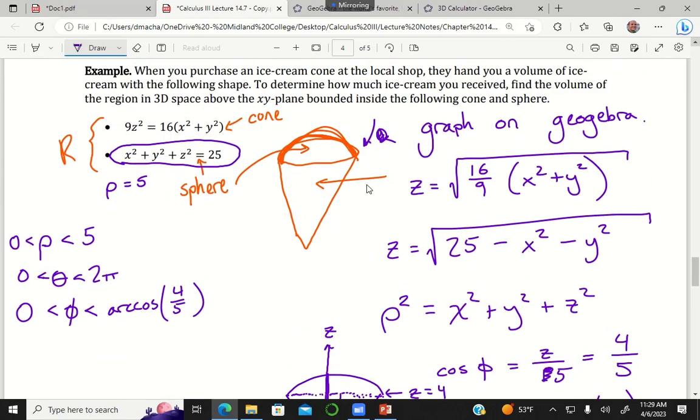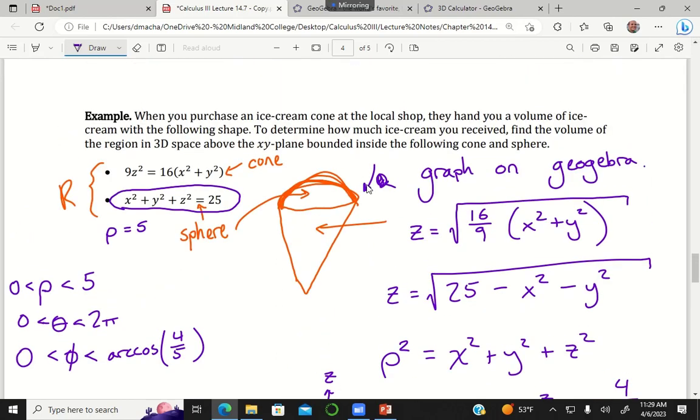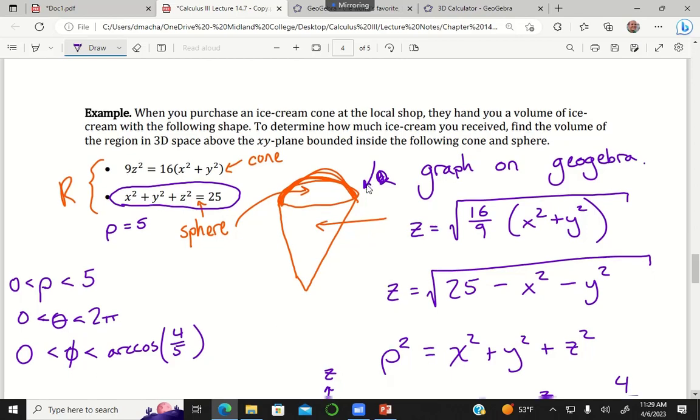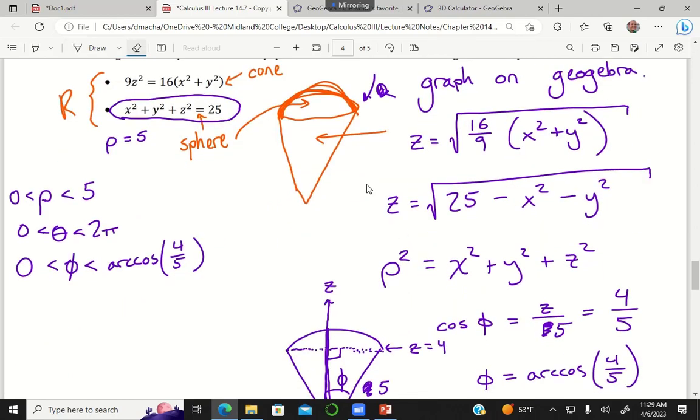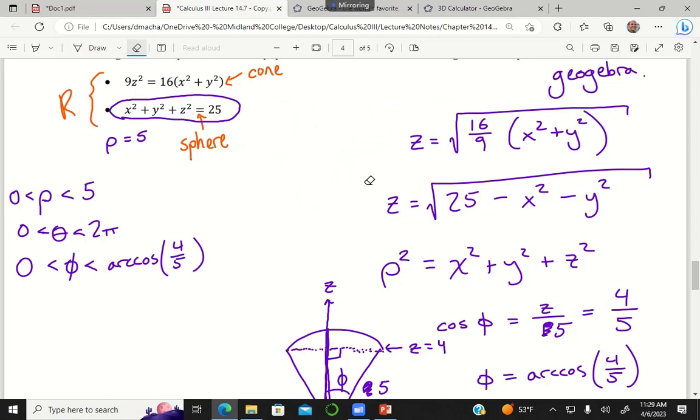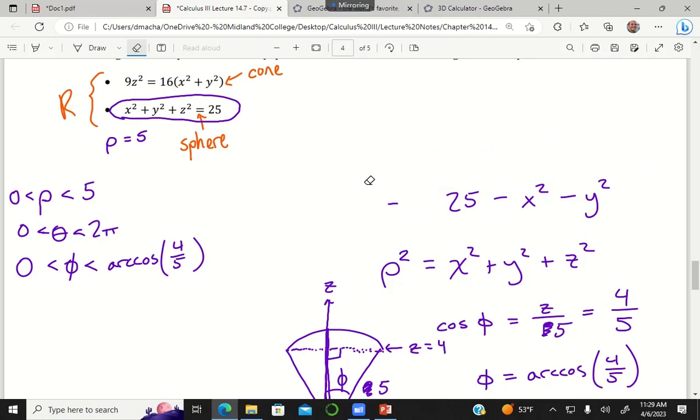So we are doing well, but the question was asking what's the volume, and I know that I can find volumes by taking a triple integral and then just leaving my integrand as a 1. So let's do that.